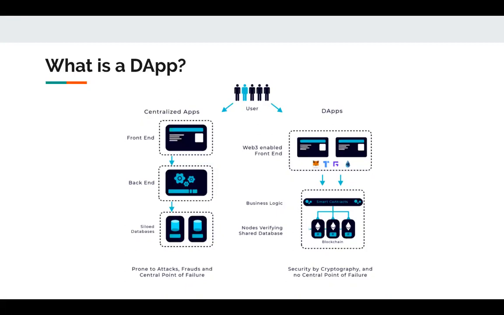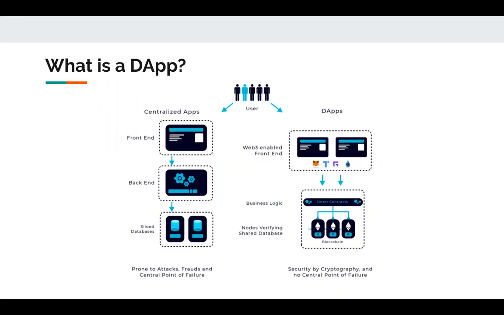But on the other side, if we talk about the dapps that are being built on the blockchain, the main advantage of using dapps is no one actually controls that application. It actually runs on a distributed network of nodes, which we call blockchain. The top layer, the front end layer, is pretty similar to the centralized application.